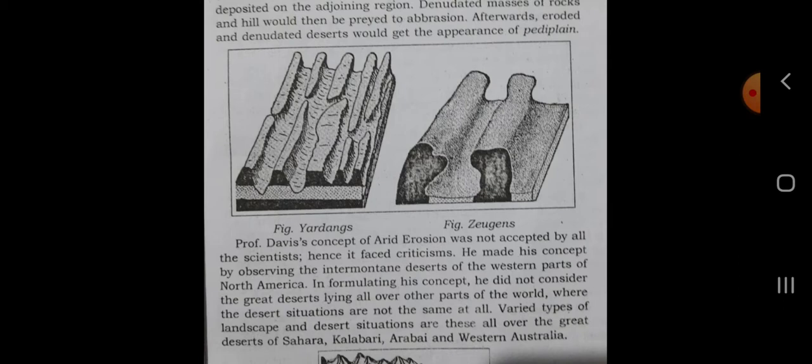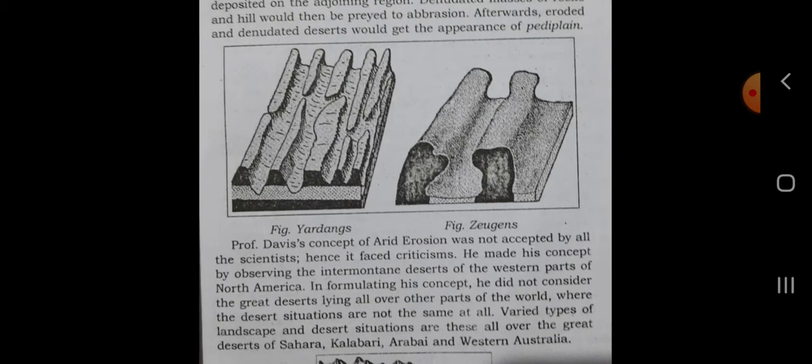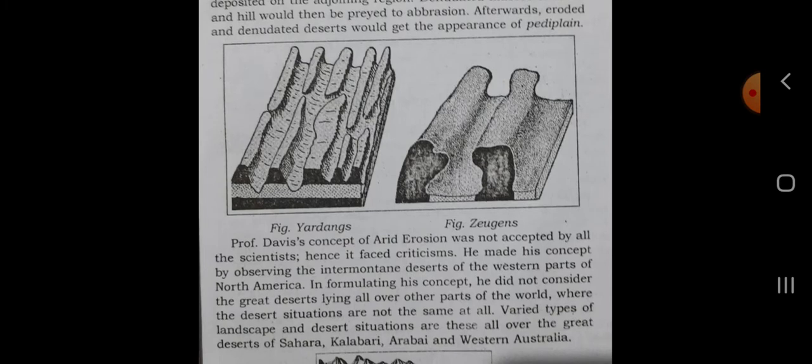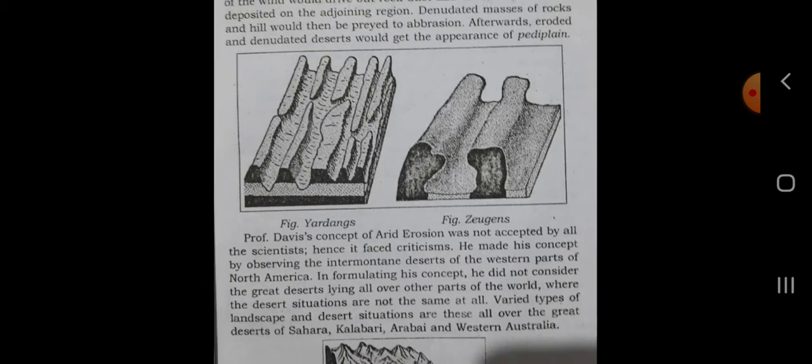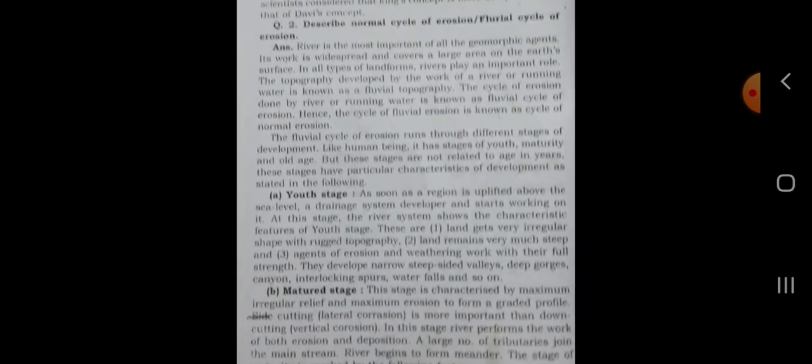In formulating this concept, he did not consider the great deserts lying over other parts of the world, where the desert situations are not the same at all. The varied types of landscapes and desert situations are found all over the great deserts of Sahara, Kalahari, Arabian, and Western Australia.